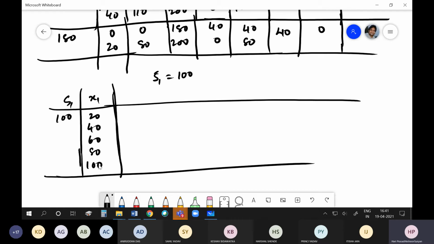Excuse me, sir. Yes. Sir, why aren't we considering 200 as the value of S2? Why aren't we considering the value of 200 for S2? Sorry, sir, I have missed that. You are correct.